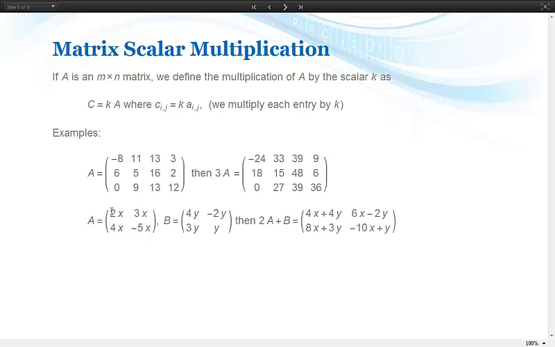That would give us 4x plus 4y as the first entry in the answer. Then 6x, remember we doubled, we're doing 2A, so it's 6x minus 2y, and then the others follow, 8x plus 3y and minus 10x plus y.